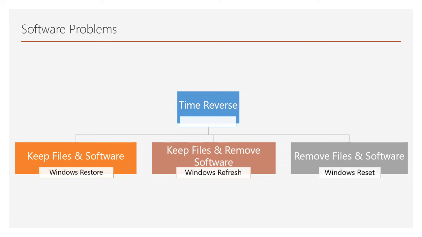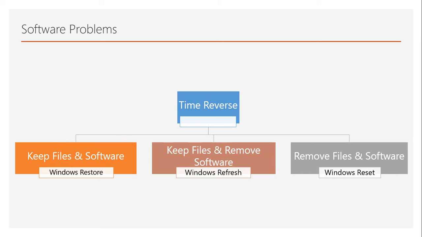I'm going to cover three concepts. First one is going to be Windows Restore. In Windows Restore, we can keep the files and almost all the programs if we have a restore point. Second part is going to be System Refresh or Windows Refresh.